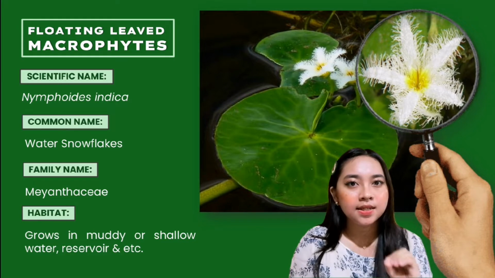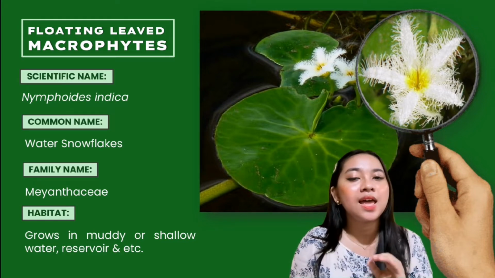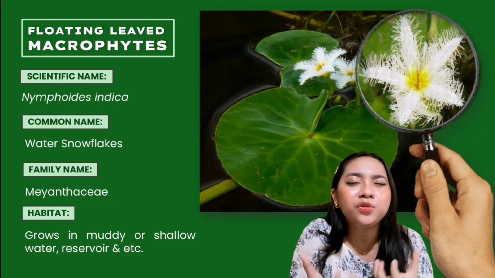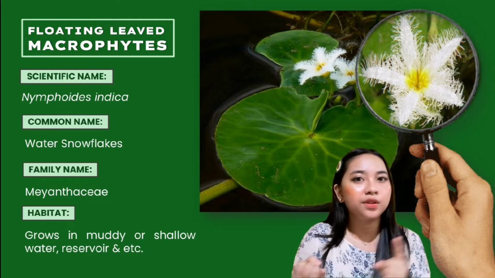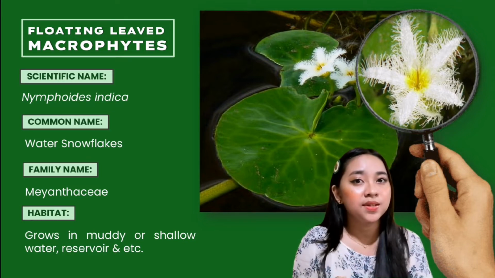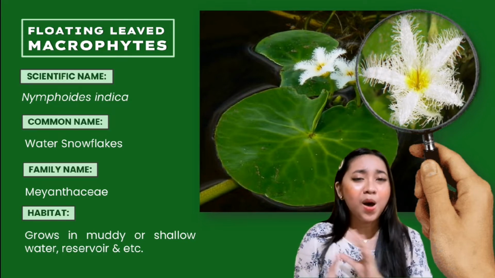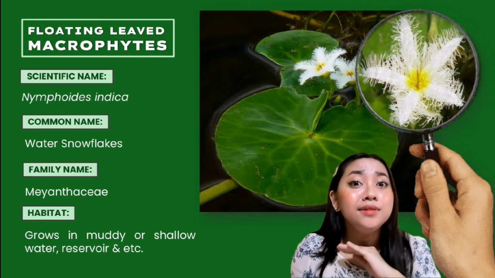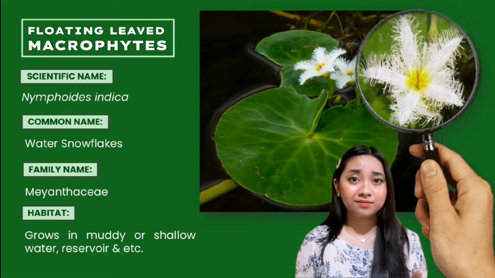It is rooted in mud with stems and leaves floating over the water surface, with beautiful snowflake-like flowers and bright green heart-shaped leaves. Take note, although bearing some resemblance to the water lilies, they are not related.